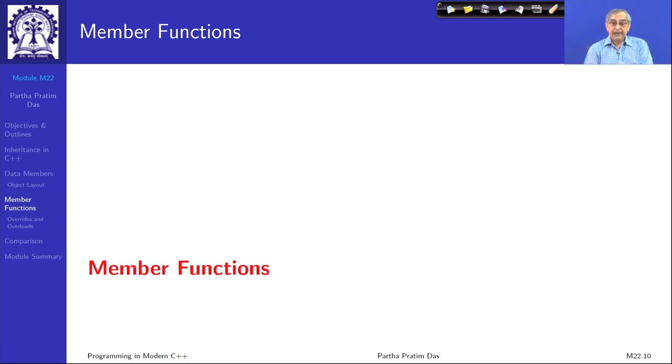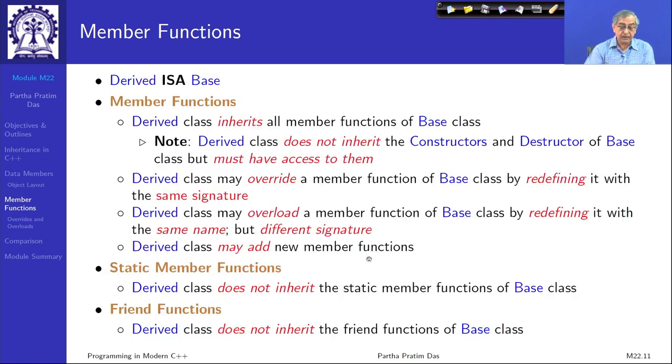So, next let us move on to the member functions. Let us see what the member functions can do. In terms of the member functions, we say that the derived class will inherit all member functions of the base class. Right? So, it can use all of them. Mind you, there is a caveat to that, which you must remember: the derived class does not inherit the constructor or the destructor, because the constructor and destructor have class specific names.